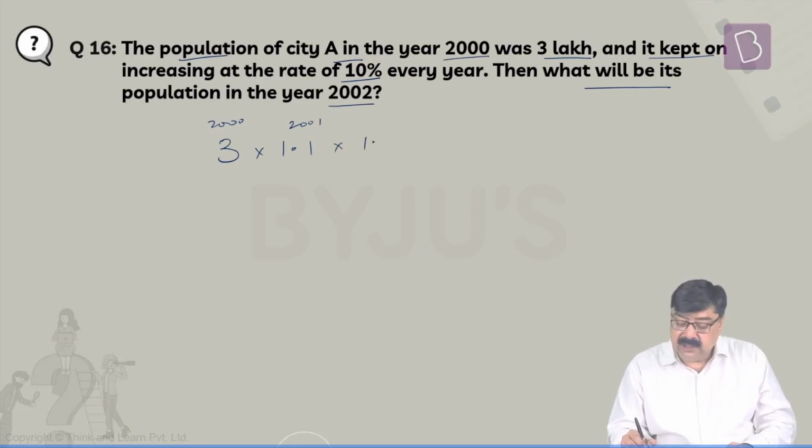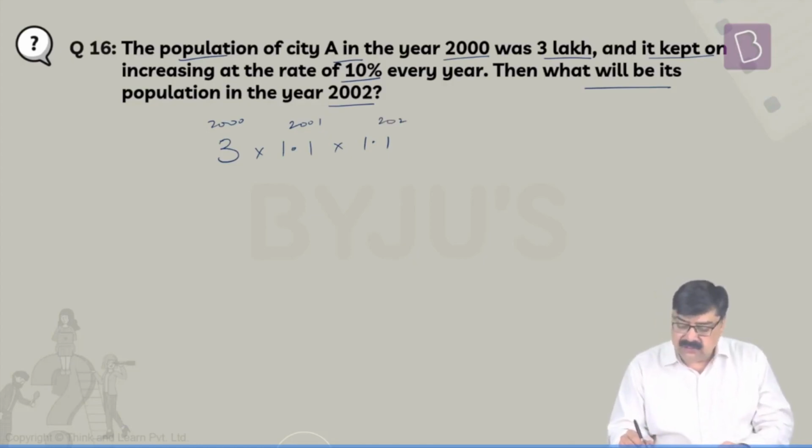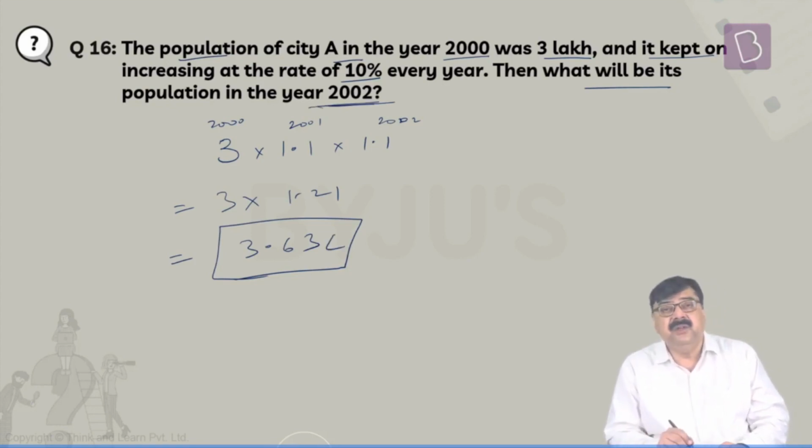So into 1.1 times 1.10 is same as 1.1. So 10% increase will be 10% more. So 0.1 more than 1. So this is 2002. So 3 into 1.21. So it is 3.63 lakh will be the population at the end of the year 2002.